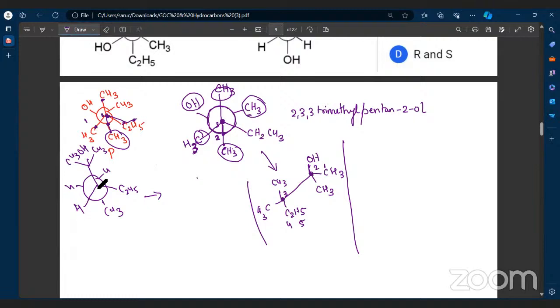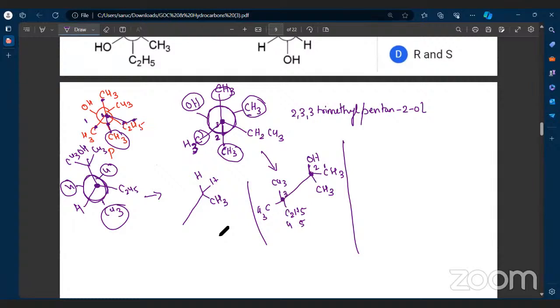And the carbon at the back is the circle. So just write the carbon at the back. What you have on the circle is hydrogen, hydrogen, CH3. So write it over here, hydrogen, hydrogen, CH3. And what you have in the dot carbon, you have one hydrogen, you have C2H5, and here you have another carbon having CH3, CH3, OH.